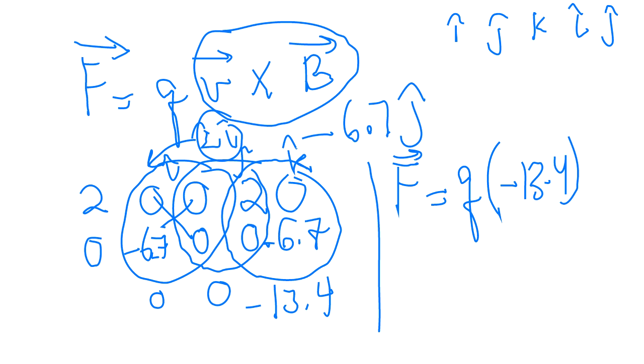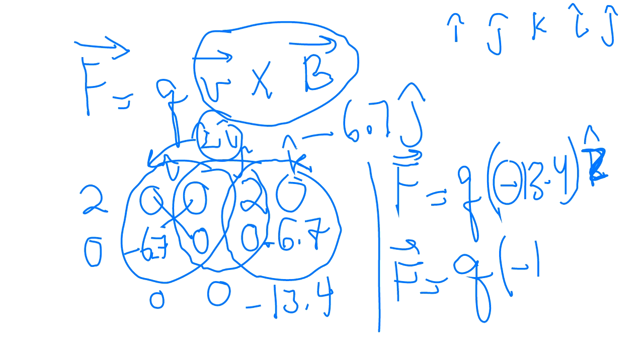So it's along the minus Z direction. That's what my force is: minus 13.4 multiplied by the charge, which he told me is equal to, I forgot, what is it?